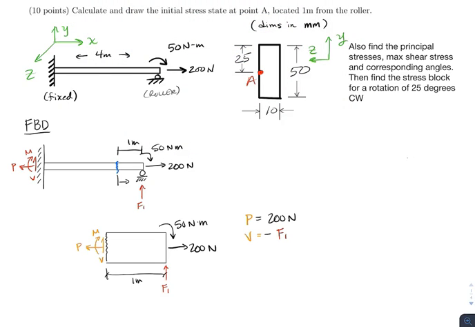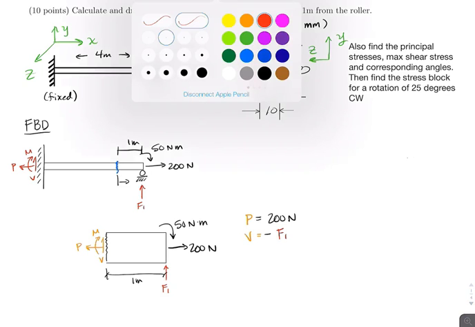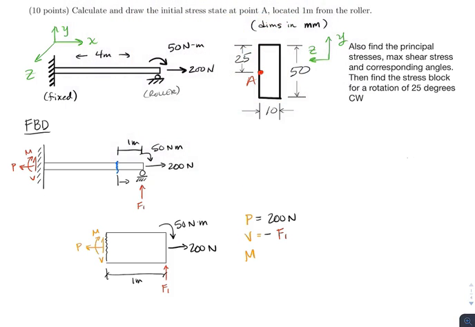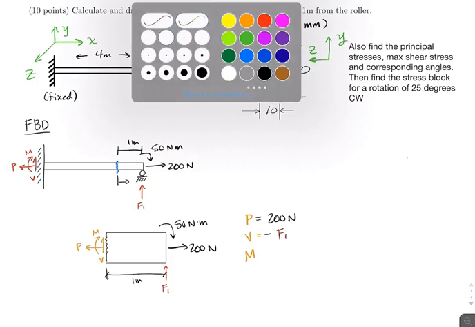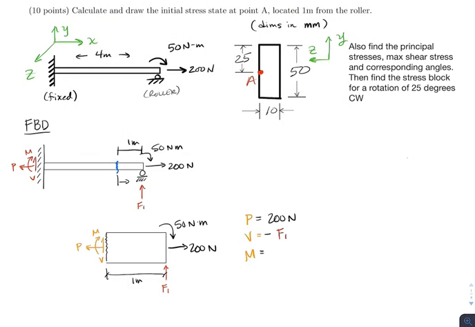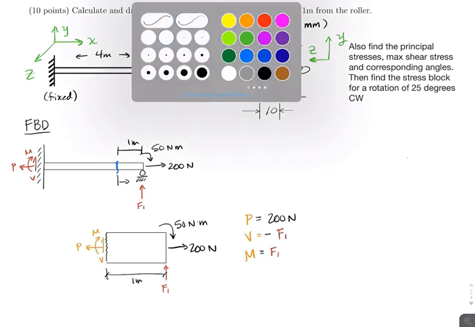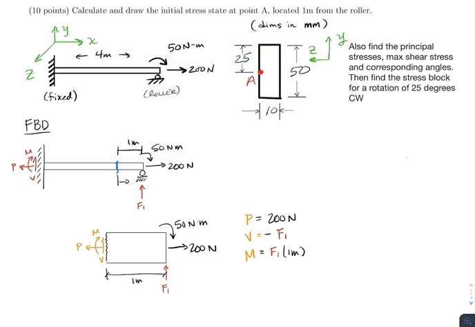Since they're going in the same direction, it has to be negative. And lastly, when you take the sum of the moments, you should get that M is equal to F1 times the moment arm, which in this case is 1 meter, minus, sorry, not plus, minus our applied moment at the end, which is 50 Newton meters. So those are our 3 internal forces in terms of F1.